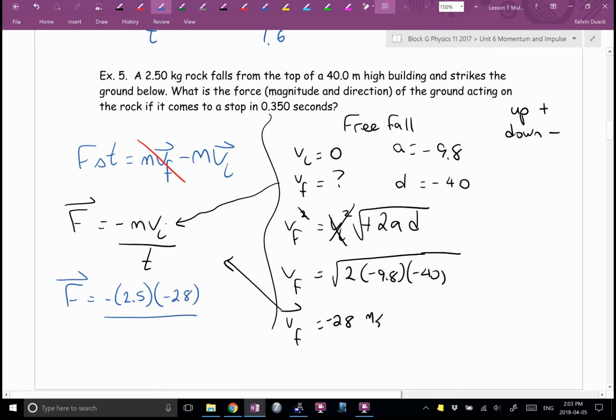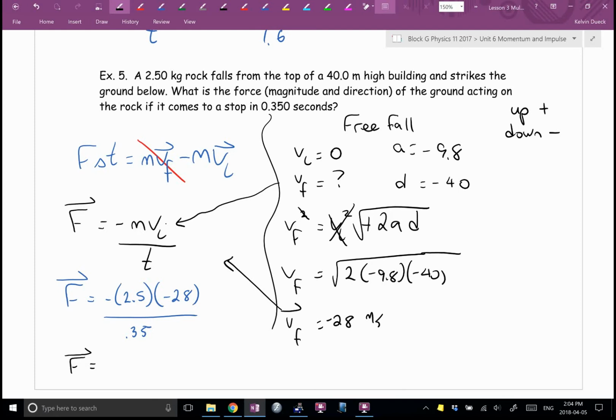Divided by 0.35. I think this might even work out evenly, or at least nicely. What do you get? 200 even? Do you get that too?